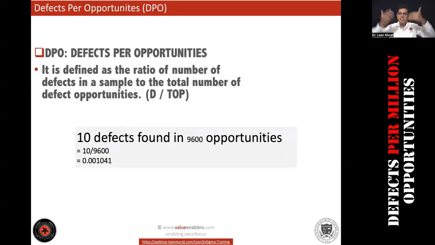And multiply this by 1 million, which is 10 power 6. It is defects per million opportunities. Multiply this by 1 million and tell me the answer. 1 million is 10 lakhs, okay? 10 power 6. Excellent. So 1041. Fantastic, okay?